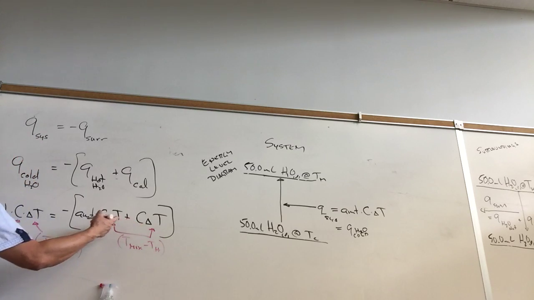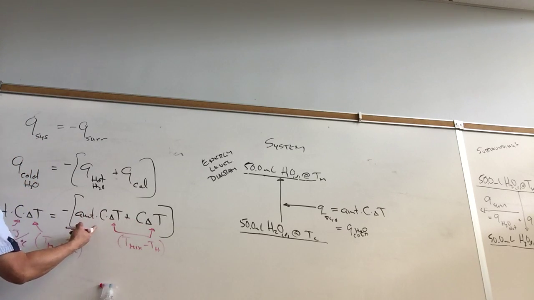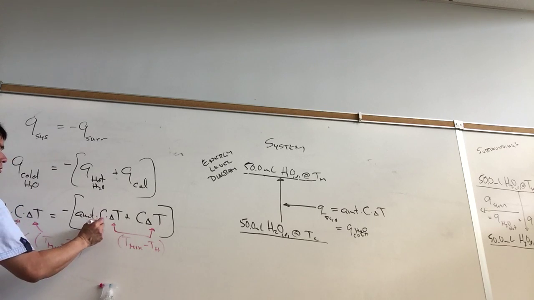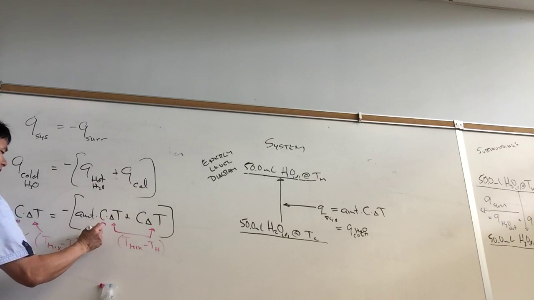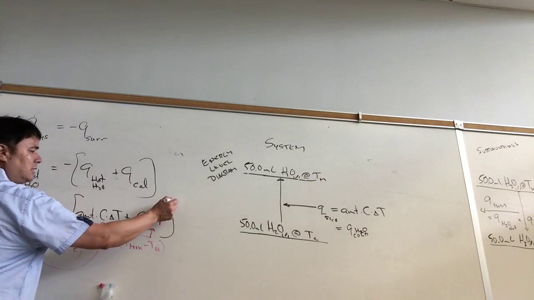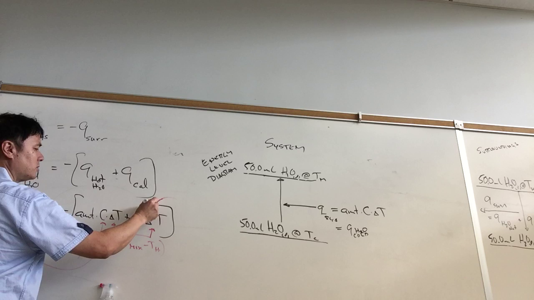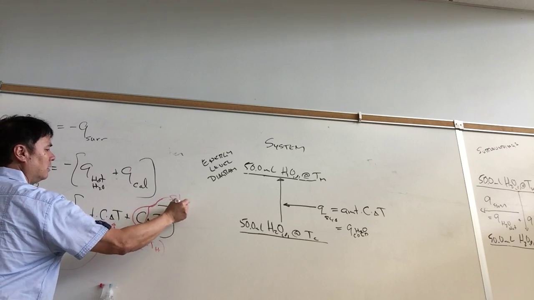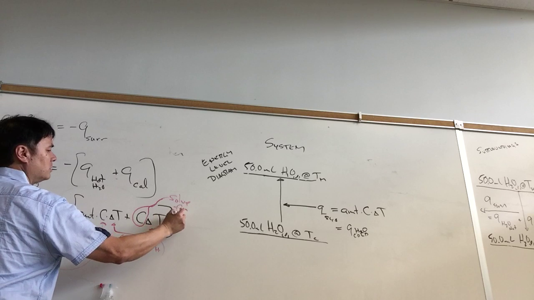Now both the calorimeter and the hot water are in thermal contact, so they both start off with the same initial hot temperature. This is the same as that. The amount we know, delta T we got, and so the only unknown is C. So we'll solve for C.